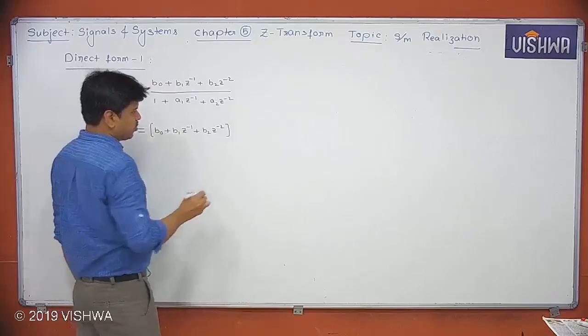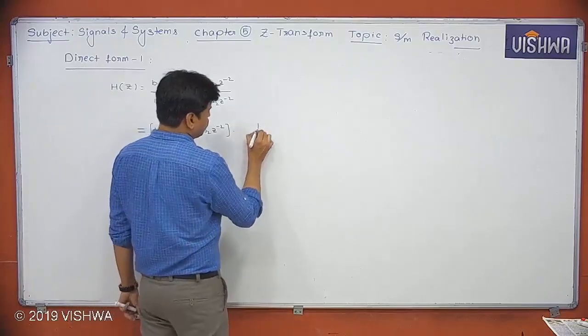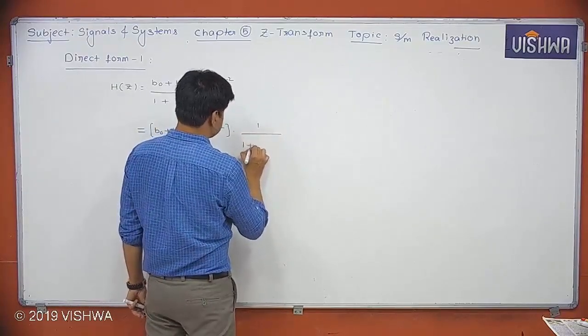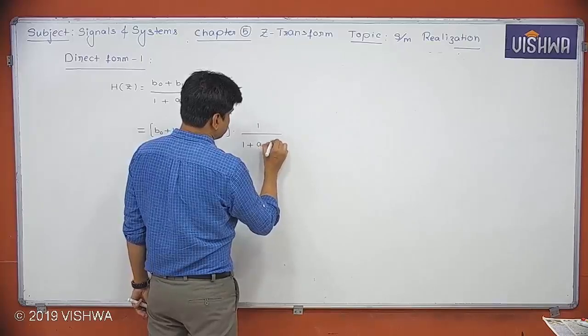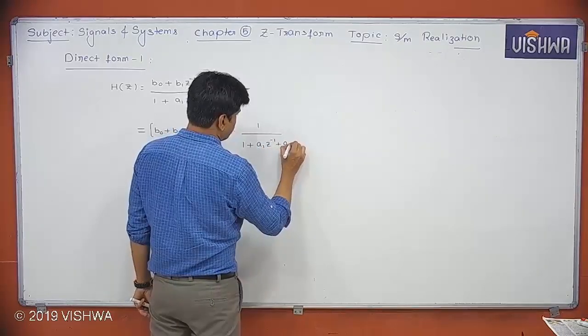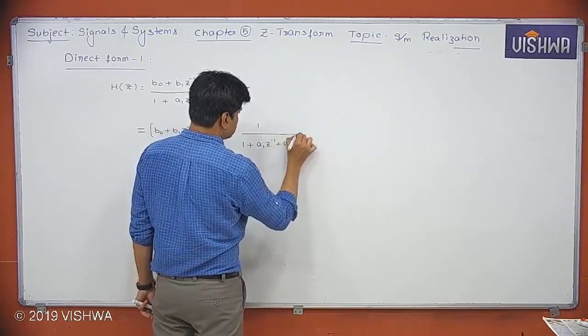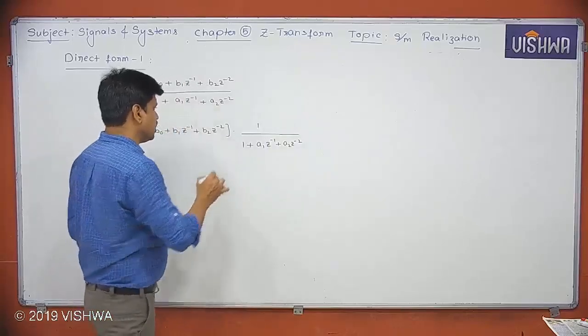This is the numerator, and we have a denominator 1 plus a1 z inverse plus a2 z power minus 2. So we have both numerator as well as denominator. So what we can do is take them as two transfer functions. One is b0 plus b1 z inverse plus b2 z power minus 2, multiplied with 1 by 1 plus a1 z inverse plus a2 z power minus 2, which is another transfer function.